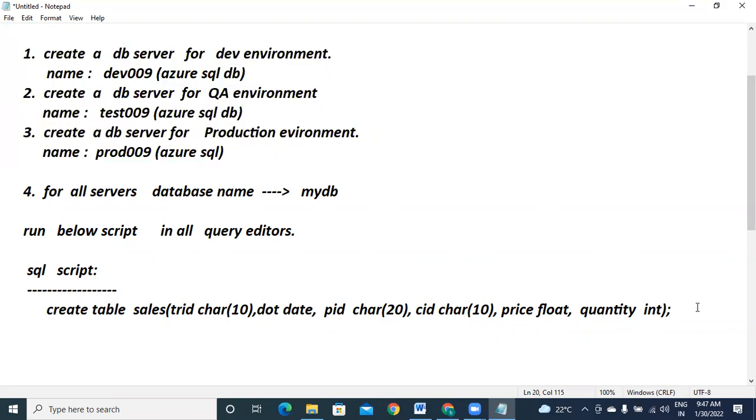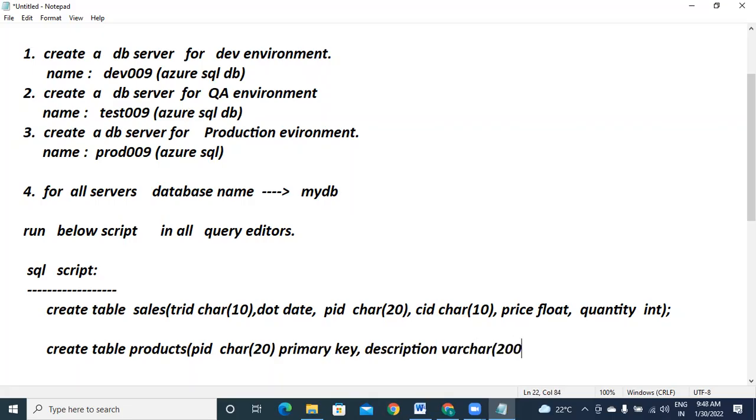And also one more table I have, still as part of the script only. Create table products: product ID, product description, and MRP.